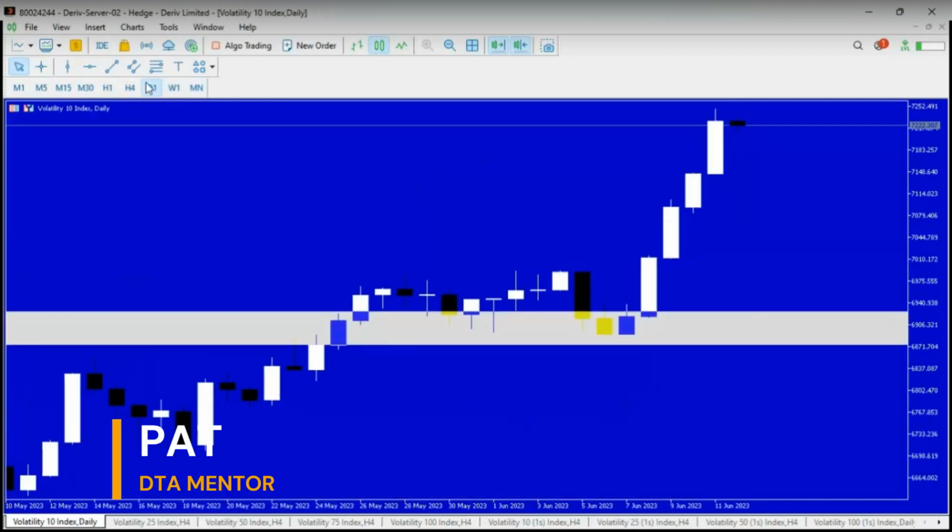On our daily time frame, this is yesterday's candlestick, this one right here. What do you see there again? As you all can see, we're seeing buyers in control.